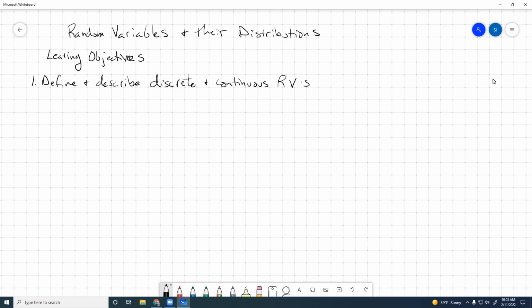RVs, random variables, and their distributions. So we'll be talking about, I'll define these later, but PDFs, probability density functions, and CDFs, cumulative density functions.